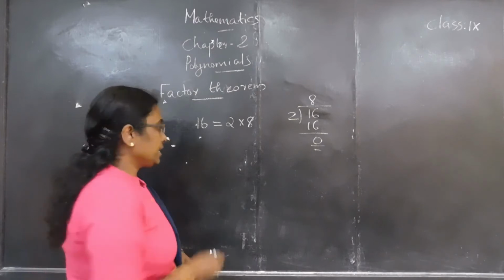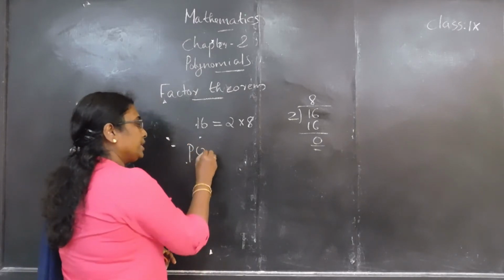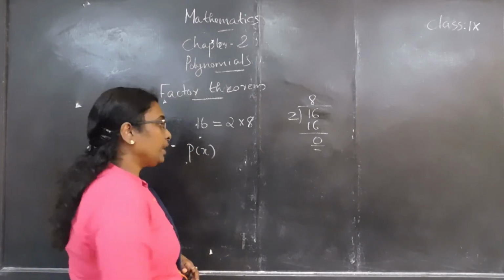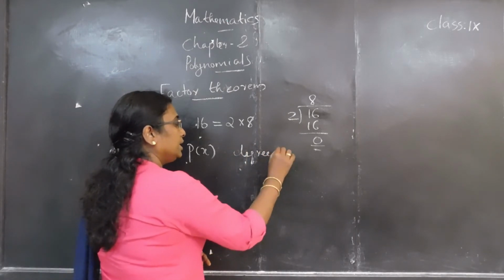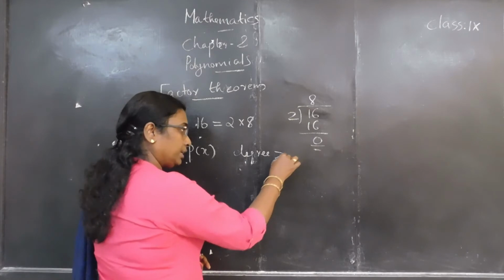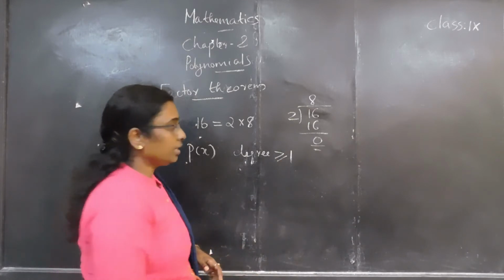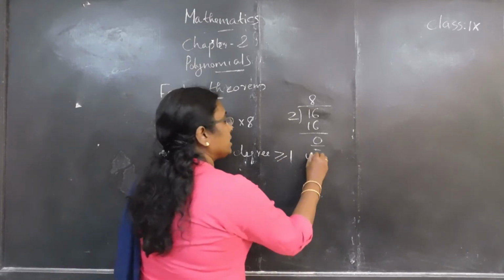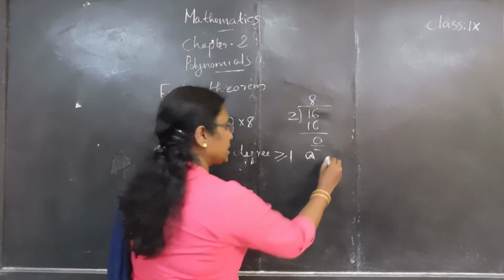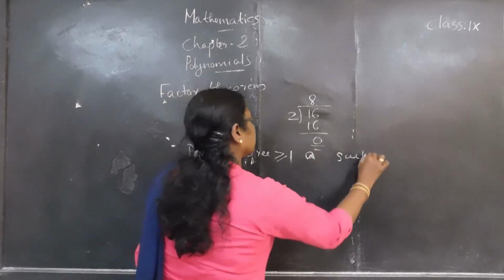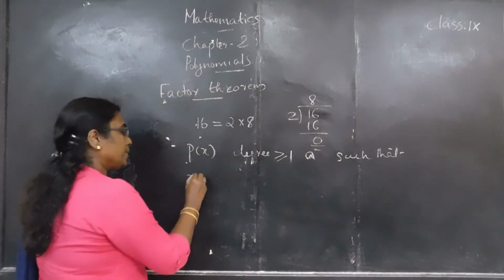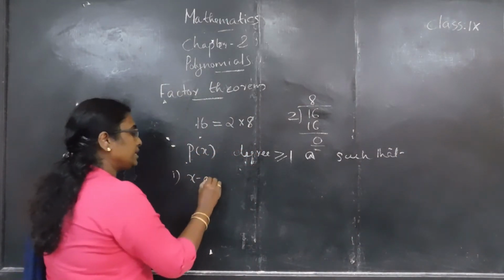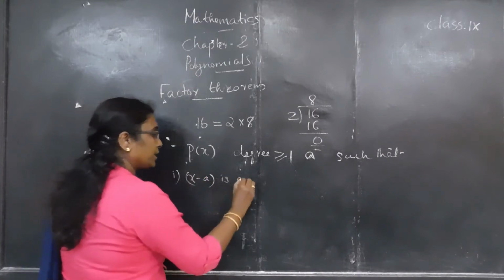The factor theorem states that let P(x) be any polynomial of degree greater than or equal to 1, and a is a real number such that x minus a is a factor.